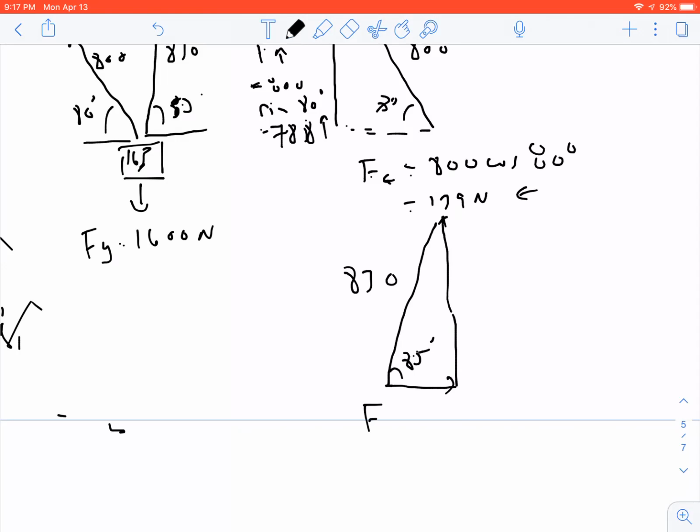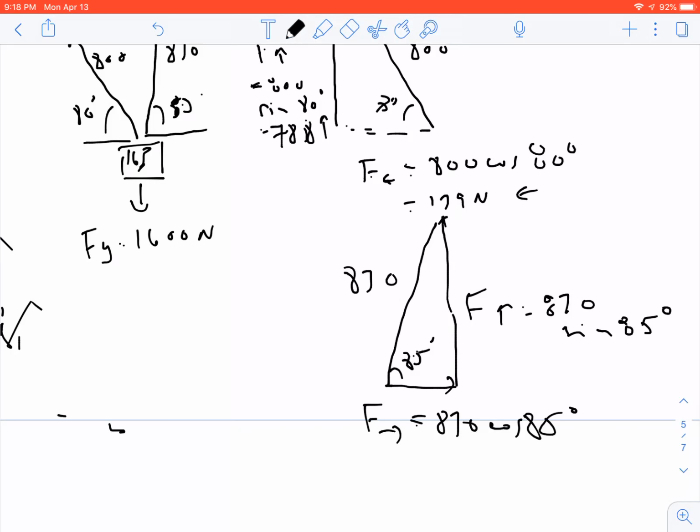My force to the right is going to be equal to the hypotenuse, 830, times the cosine of 85 degrees. And my force up is going to be the hypotenuse, 830, times the sine of 85 degrees.